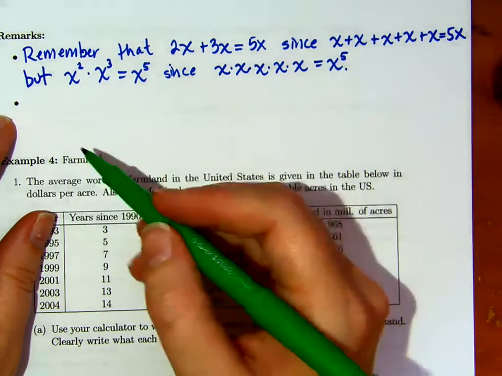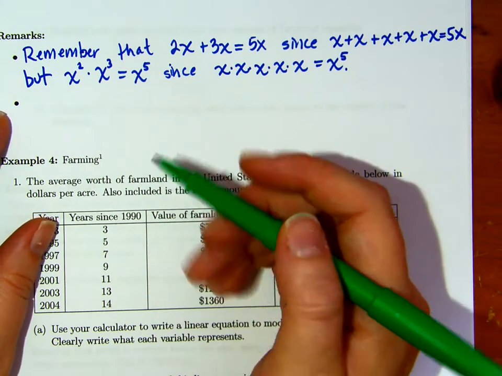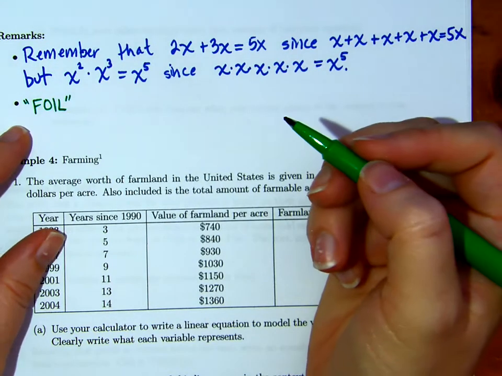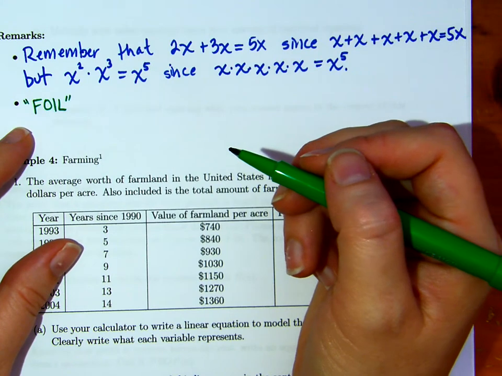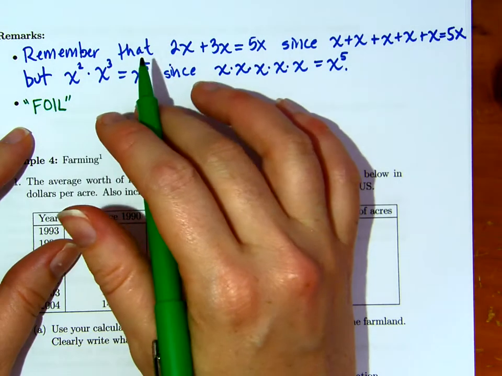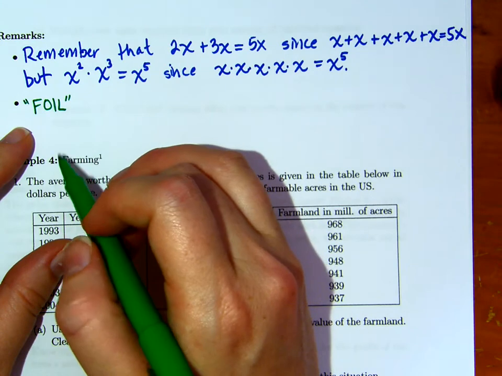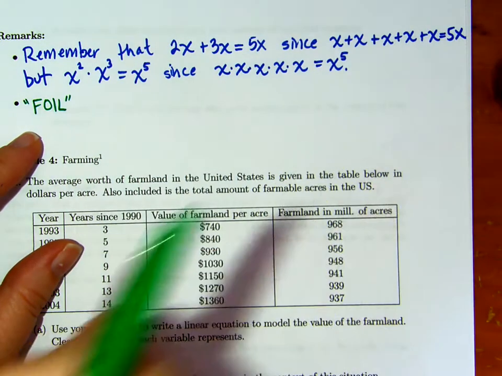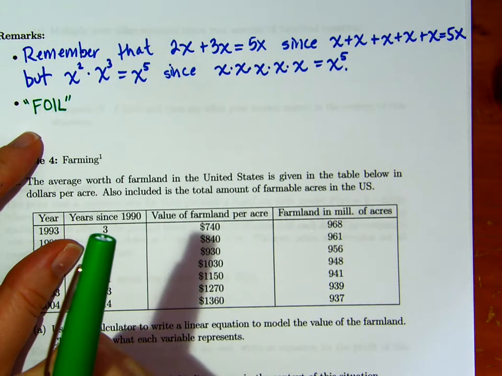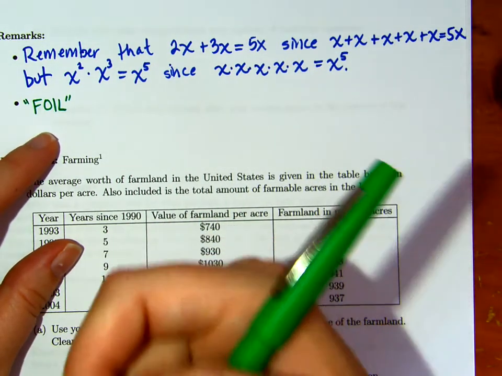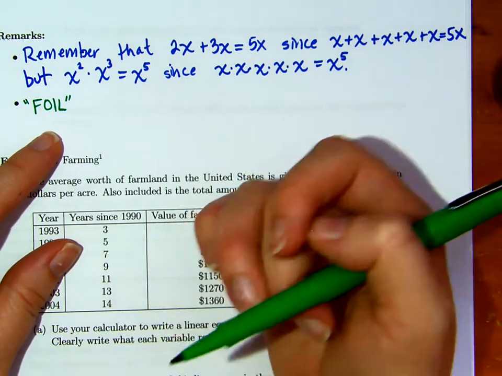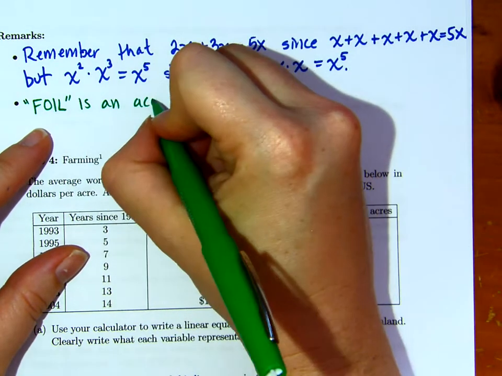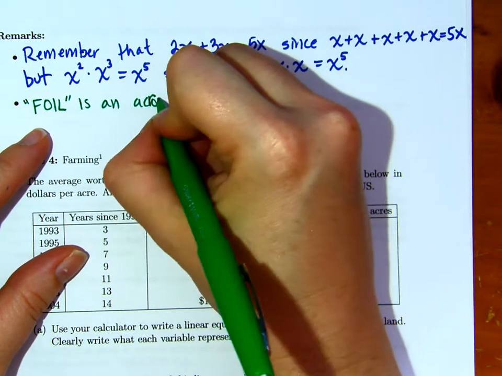Another thing that I would like to remark upon is this acronym FOIL. So a lot of people say, I'm going to FOIL now. And that's an acronym to help make sure that you include all of the pieces. But I find it more helpful to draw those arcs and make sure that every piece from one set of parentheses matches with each thing in the second set of parentheses. So FOIL is an oopsie, forgot the R in acronym.